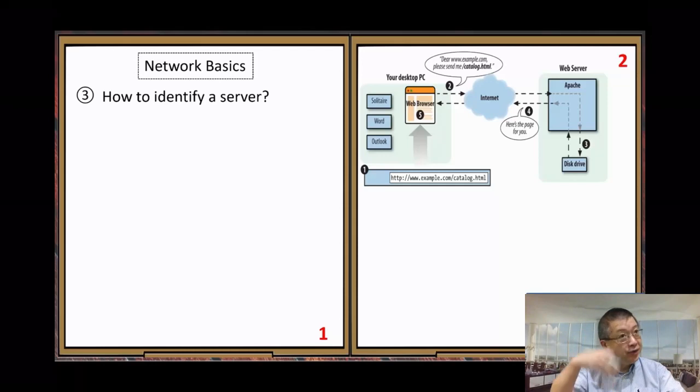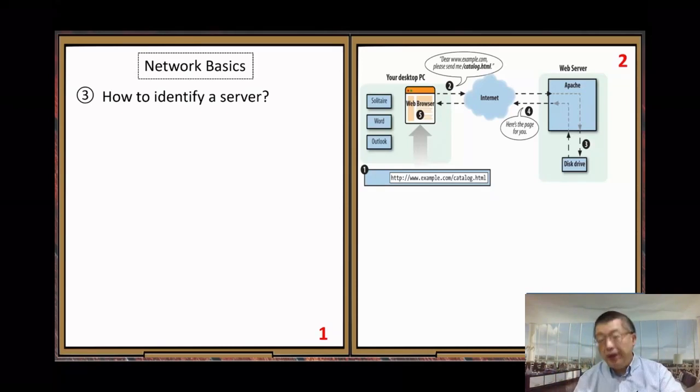The first question: how to identify a server. We know a client starts a communication cycle by sending a request to the server. The question is, how do you identify a server? You need to do some basic things.